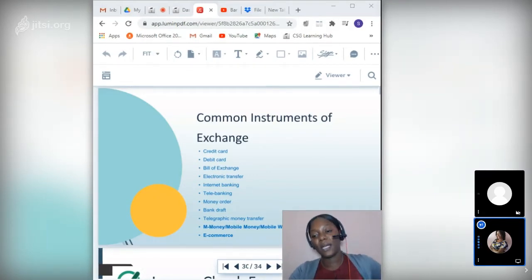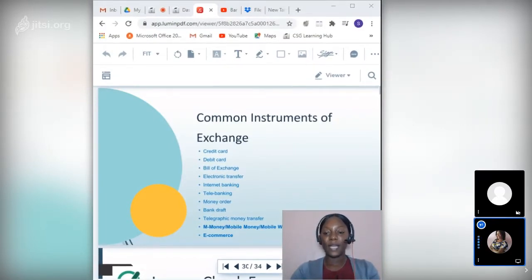When the drawee signs the document, it becomes a legally binding agreement between the two parties. So in essence, a bill of exchange is a contract. It's legally binding.